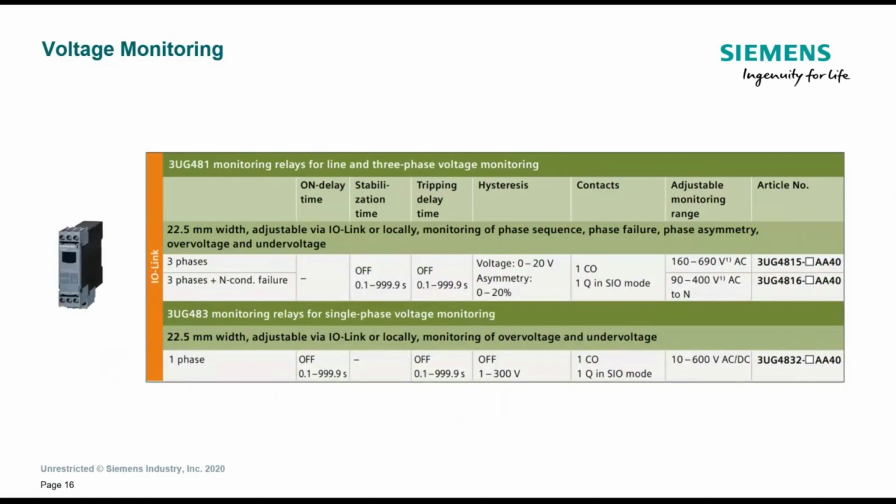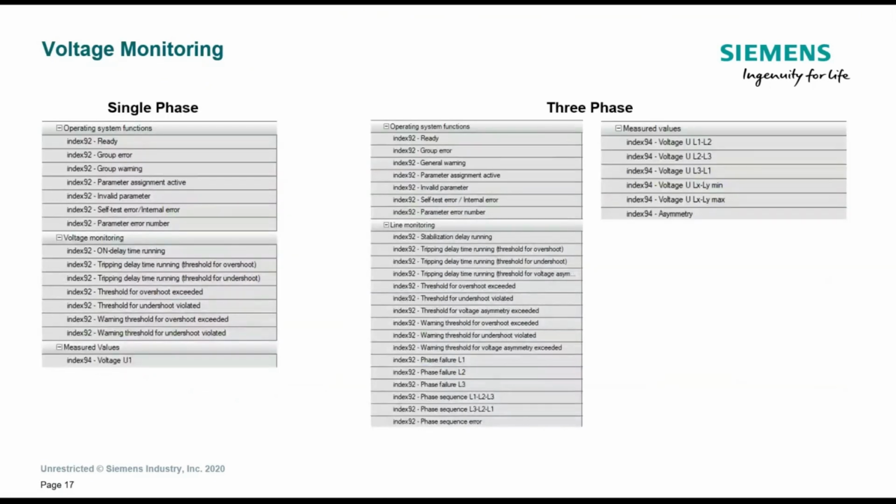Specifically for these voltage monitoring relays via IO-Link, I can now get, say, off the single phase version, all this index 92, those are digital diagnostic data bits, that can be transferred in off the monitoring relay into the automation system very easily. And from a measured value standpoint, you'll get the measured value, the process value coming in, again, already scaled into the system.